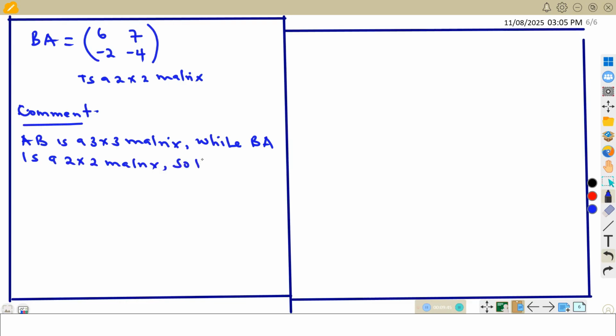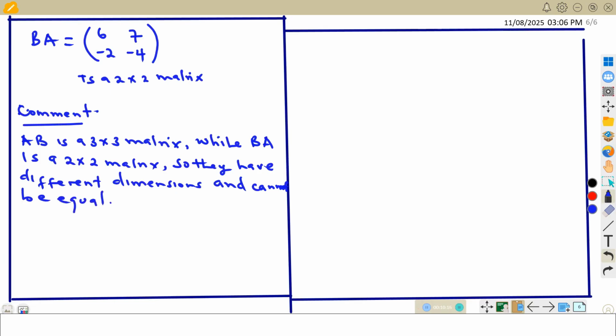This means that the two matrices have different dimensions. Therefore, they cannot be equal. Even the elements within these matrices are different.